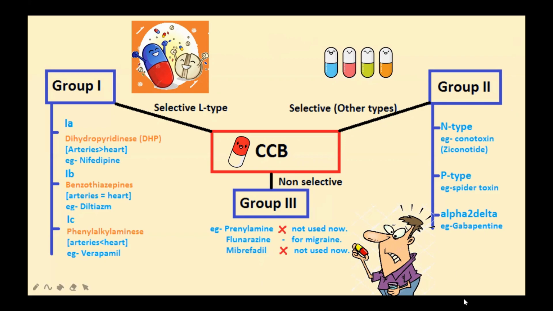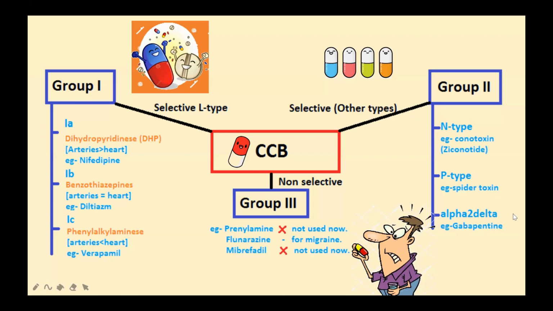Moving on to Group 2, selective other types of calcium channel blockers. There are several types. I selected only three. N-type, example ziconotide, a conotoxin, and they block N-type calcium channels mainly. P-type, spider toxins, they block P-type calcium channels.